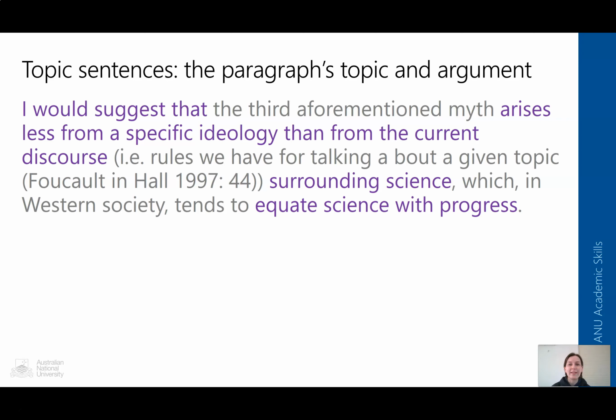So it's going to analyze how the ad creates a meaning about equating science with progress. So always think of your topic sentences as including both the topic, what's the general topic of the paragraph, but more importantly, how that helps to answer the question.